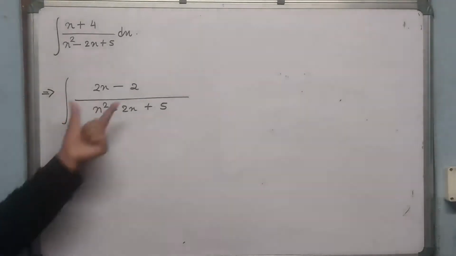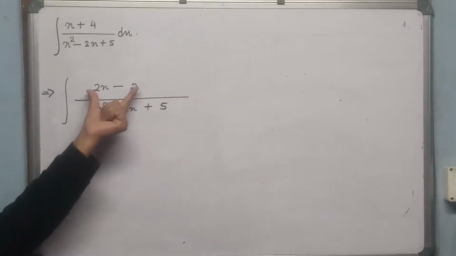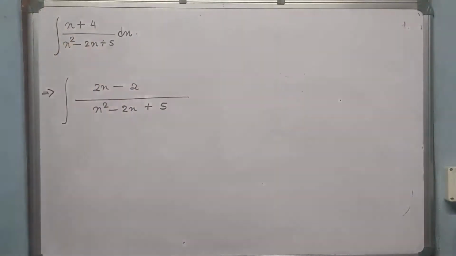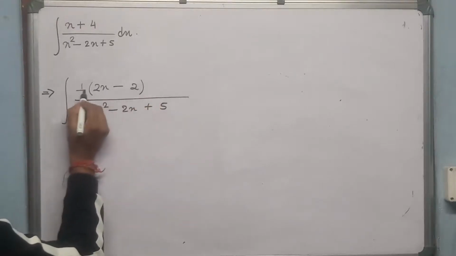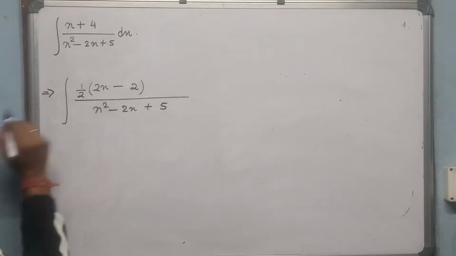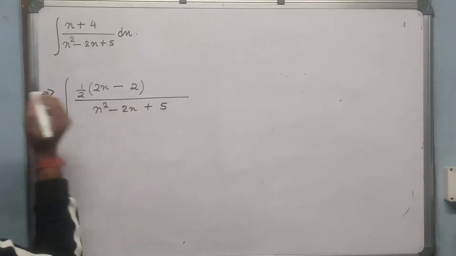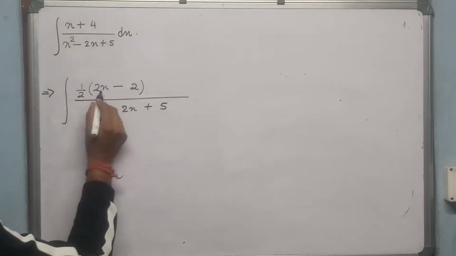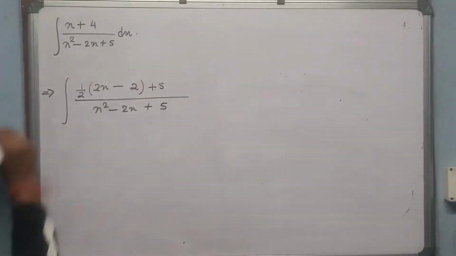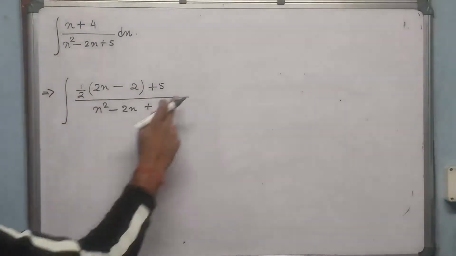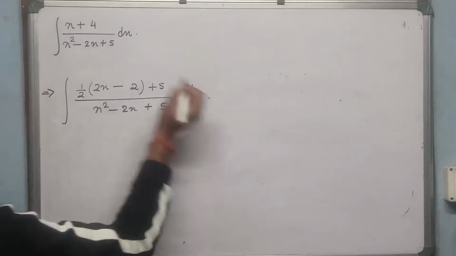Then try to make this quantity x plus 4. How to make it? If it is 2x, I'll multiply by half, it will be x. The 2 gets cancelled, and the other will be minus 1, so we get x minus 1. If I add plus 5, what will we get? x plus 4. Hope you understand.